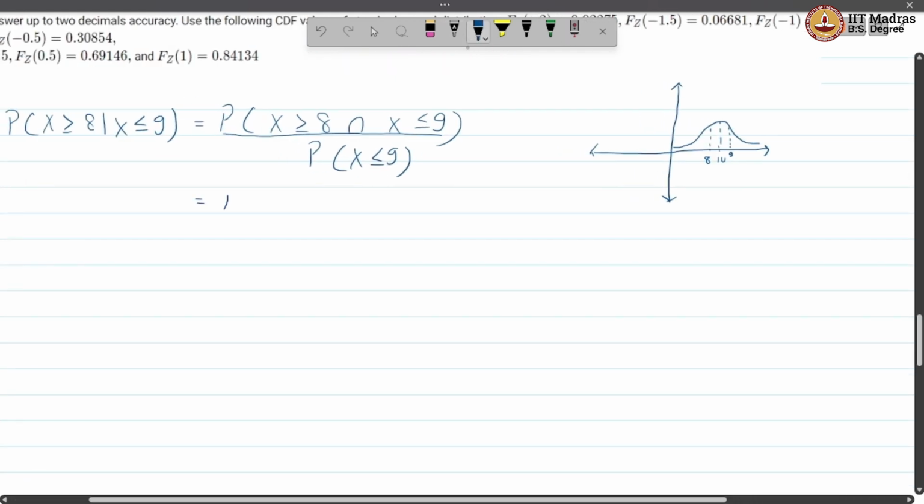This will be equal to Fx(9) minus Fx(8) divided by Fx(9).